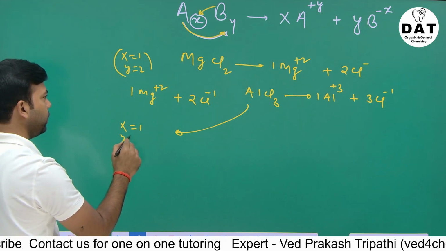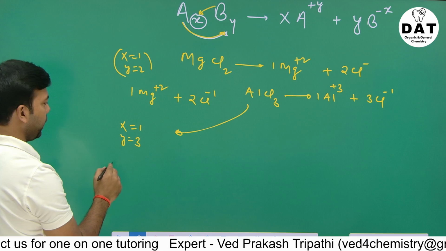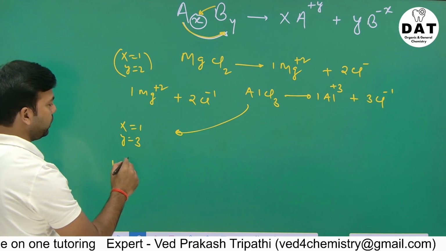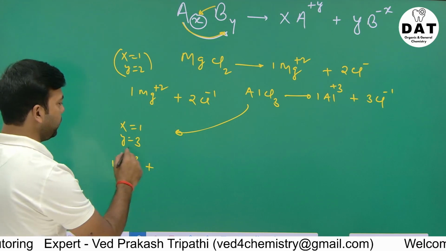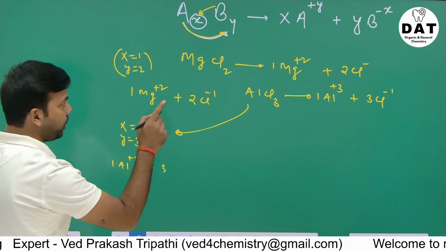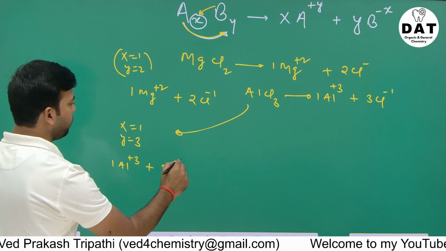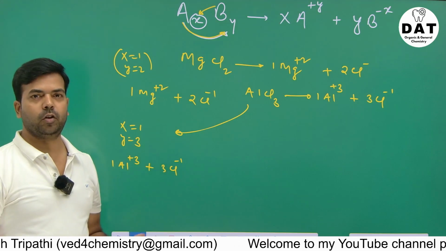What is my y? 3. So formula is what? xA^(+y), x is 1, A is my aluminium, plus y means 3+, and now yB^(-x), y is my 3, B is my chlorine, and here minus x means minus 1. Simple. Clear? So this is called dissociation of salt.